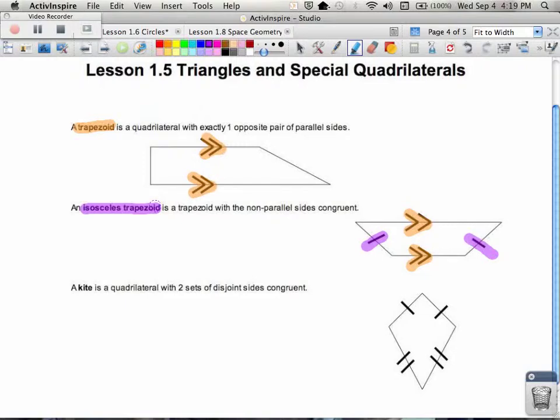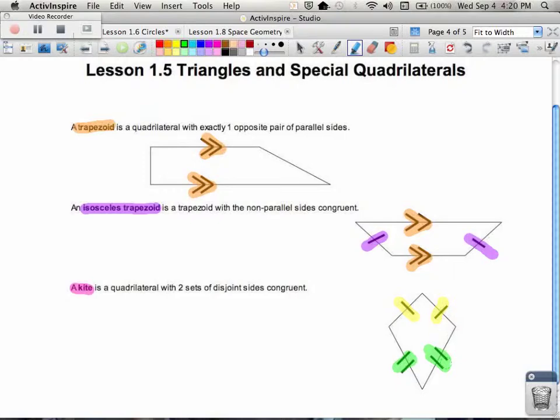The third type of figure that we're going to talk about is something called a kite. Now a kite is an actual definition in geometry. It has two sets of disjoint sides being congruent. That means they're non-connected, not together, the two sets that is. So notice that number one, I have a set of congruent sides on the top, and then second, I have a set of congruent sides on the bottom.